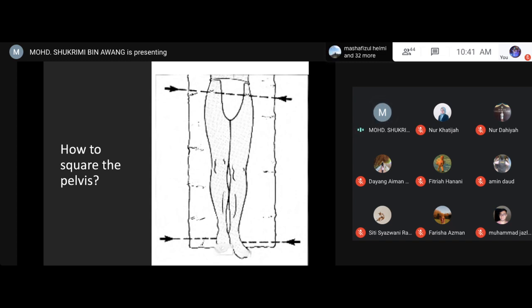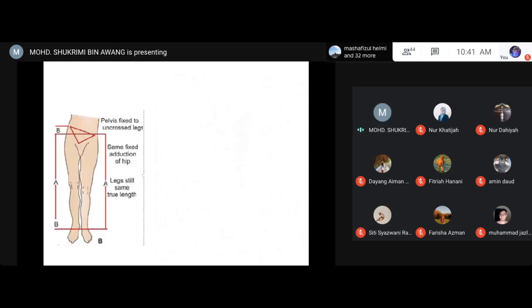So what you can do is, if the patient has adduction deformity of the hip, the pelvis is tilted like this. If you try to square it, it's a bit difficult. You try to move and ask the patient to correct it, also difficult, or you will not manage to get it.